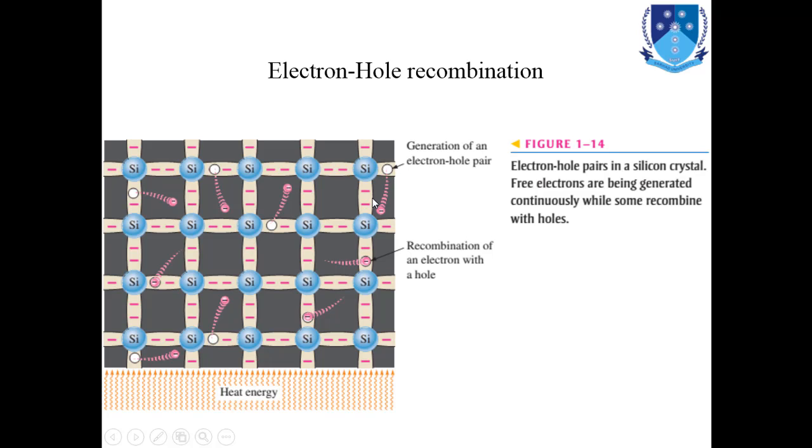So an electron-hole pair has been generated. Similarly, there are several free electrons which are drifting randomly throughout the crystal. Again, here you can see the recombination of an electron with a hole. When the free electron loses its energy, it falls back into the valence band and recombines with the holes.